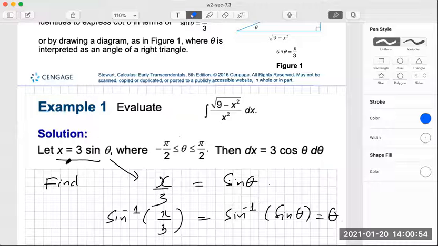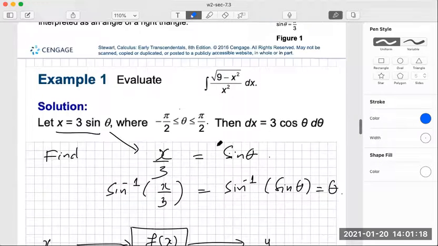Therefore, here, if we define x as 3 times sine theta, the angle will be from -pi over 2 to pi over 2. We pick the one-to-one function, and the range of this will be here. Now we need to find the relation between x and theta. Okay, let me write it down here.